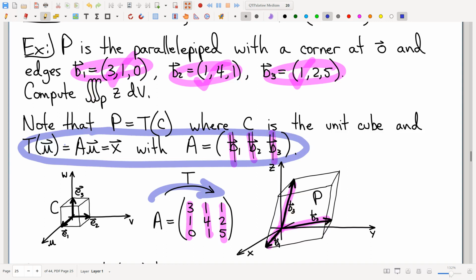If you're looking at a parallelepiped, take the edge vectors, make those the columns of your matrix. Now, why does that work? Well, if I look at standard basis vectors, I've constructed a linear transformation. Let's ask, what does it do to my standard basis vector? I would be multiplying my matrix times a standard basis vector.